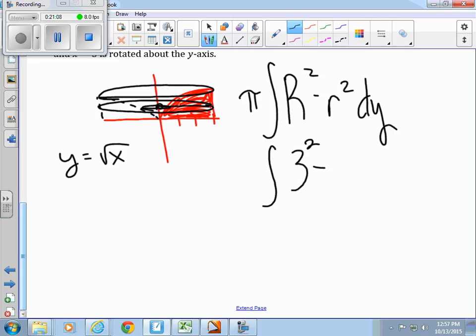So I need to change this, so y squared is x. And so the distance from 0 over to y squared, you could do y squared minus 0 if you wanted to. It would be a little unnecessary, but you could. So y squared, that's my radius, right? So I still need to square.